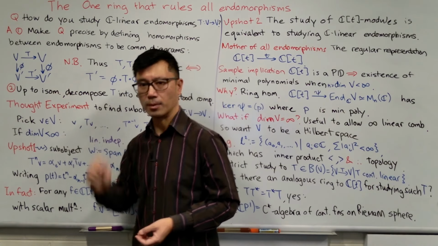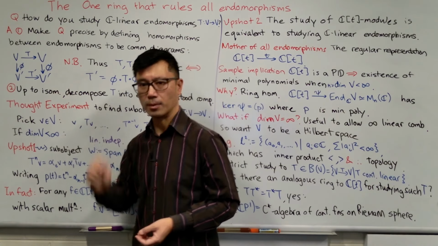Okay, so let's put some conditions now on V, the usual ones that you do in second year linear algebra, and suppose that the dimension of V is actually finite. Let's go through this procedure. What you'll find is that there's an infinite number of vectors here, so they can't all be linearly independent.